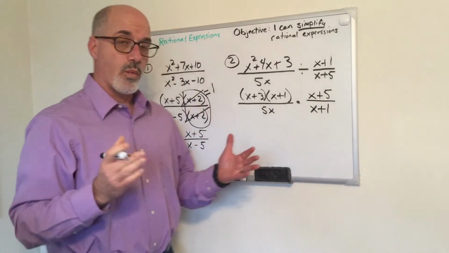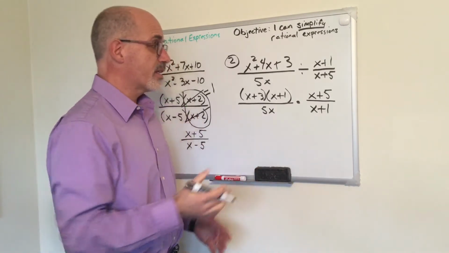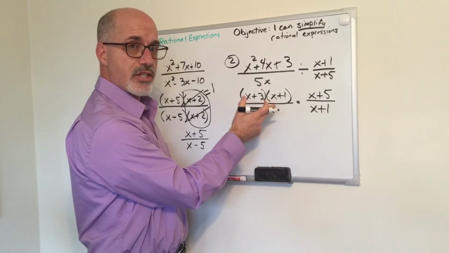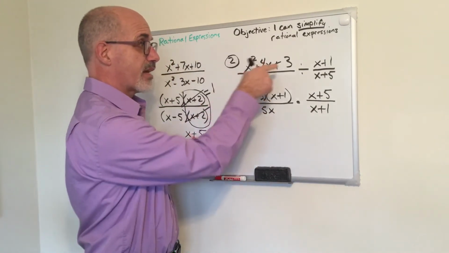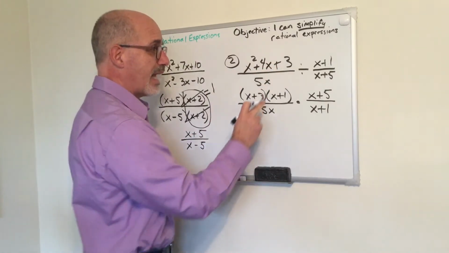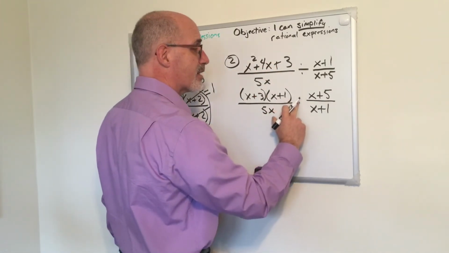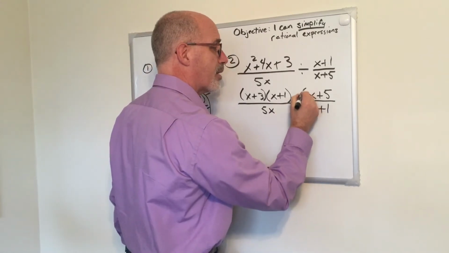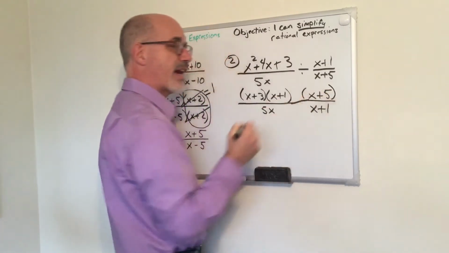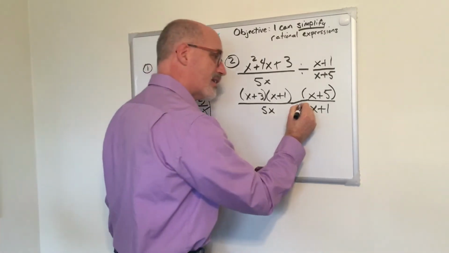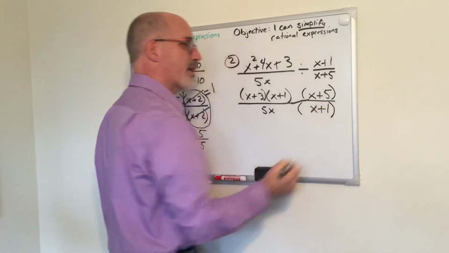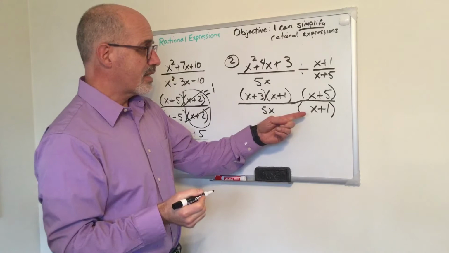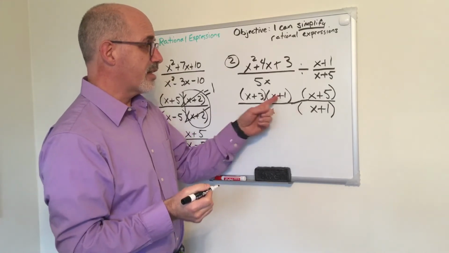Now, why that's convenient for us is whenever we have multiplication like this of two things, instead of the division, we can make the things on the top be multiplied. So we're going to extend this out and make this a factor of the top, and this is a factor of the bottom. What that tells us now is we can look at this factor and this factor.